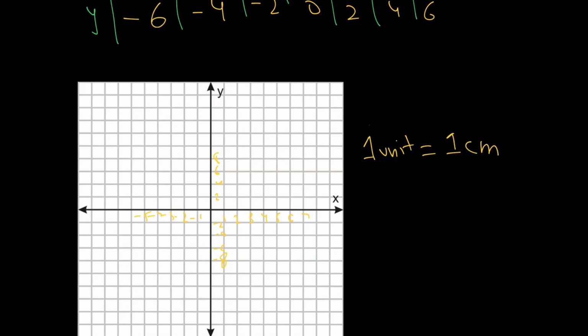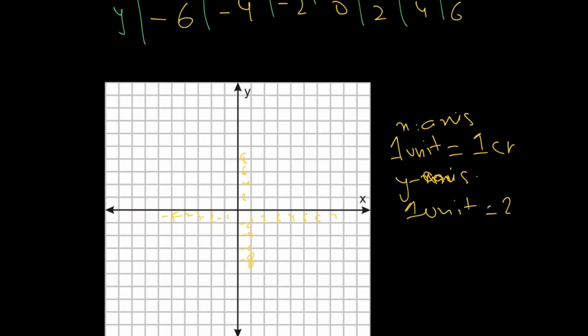And for the y-axis, it's that 1 unit represents 2 centimeters, because after every unit we are differing by 2 centimeters.